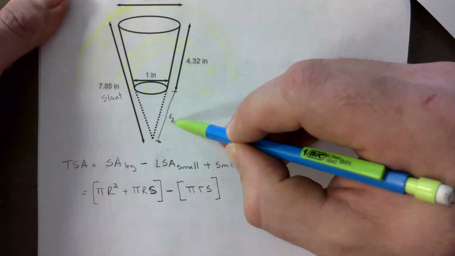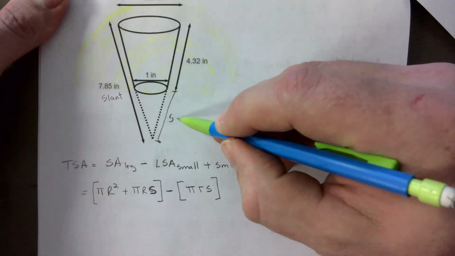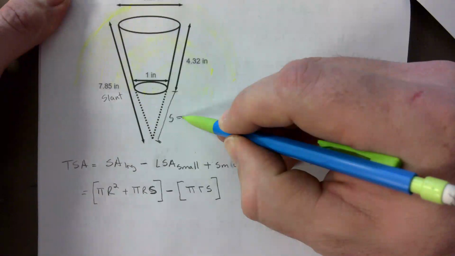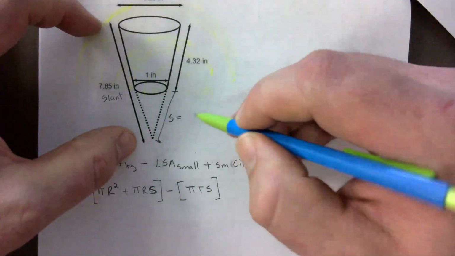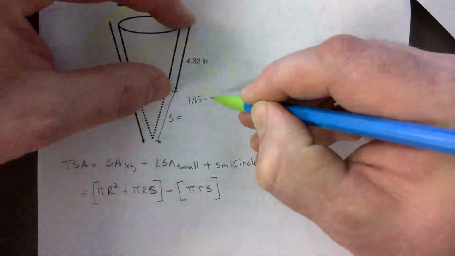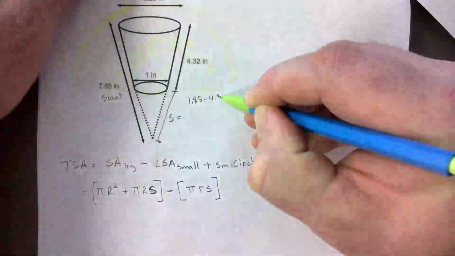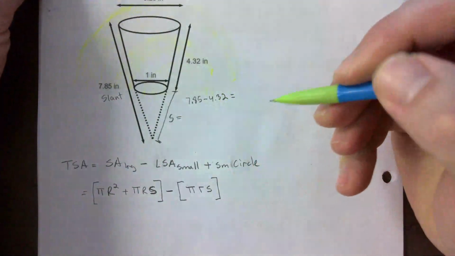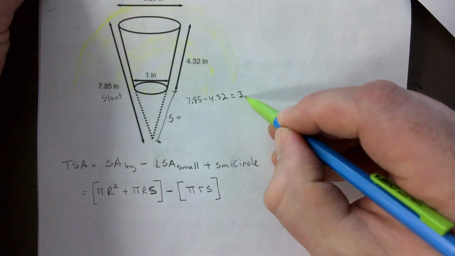This is lowercase s. And I need to do a little bit of calculating here, correct? I need to go 7.85 minus 4.32 to give me 3.53.